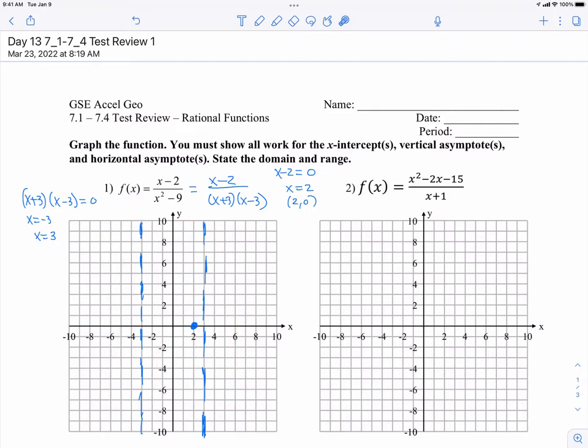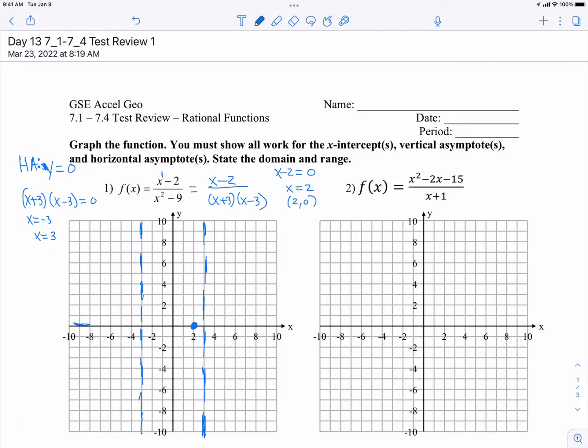Next we want to find the horizontal asymptote. The degree of the numerator is 1 and the degree of the denominator is 2. Whenever the numerator's degree is less than the denominator's degree, your horizontal asymptote is y equals 0.